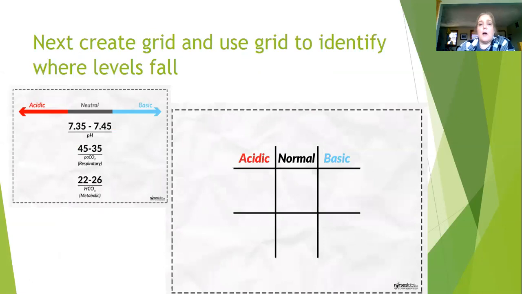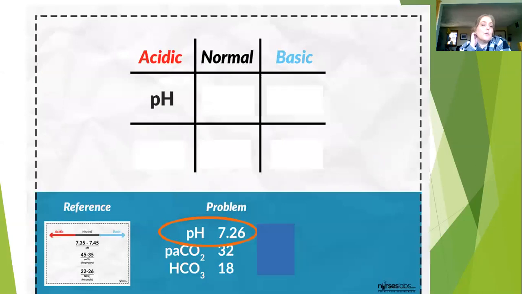All right, so this is how we are going to set up the tic-tac-toe. We're actually going to set up a tic-tac-toe table. Along the top, we're going to write acidic to the left, normal levels in the middle, and then basic on the right. When we look at our values, so we have a pH of 7.26, we're going to place it in the column that corresponds with the level.